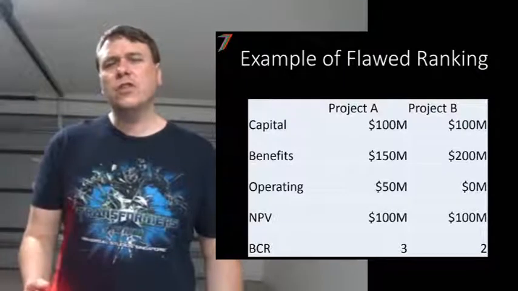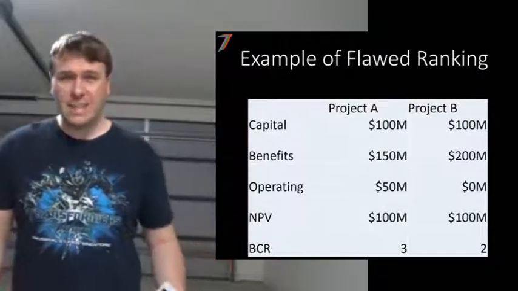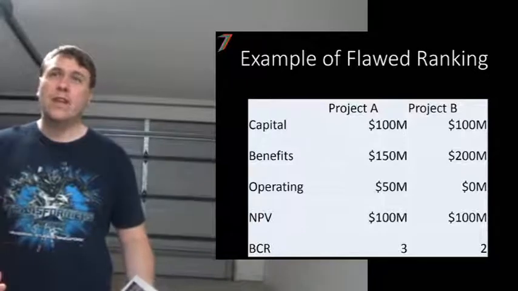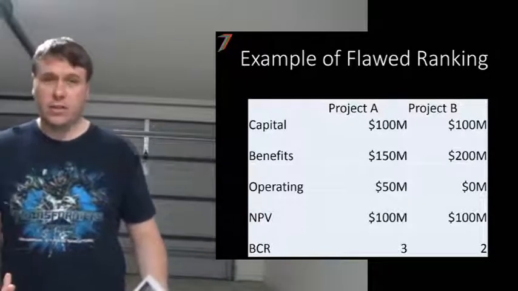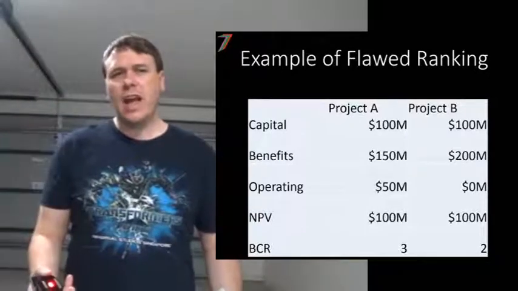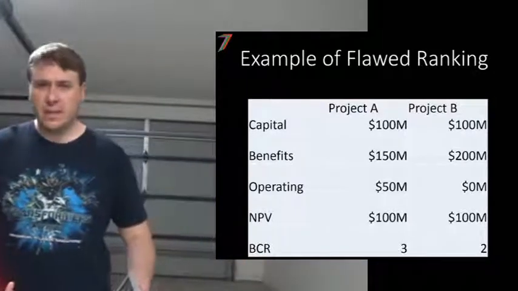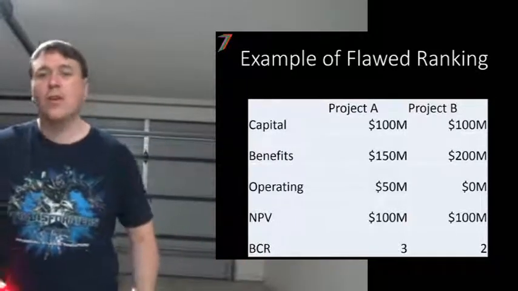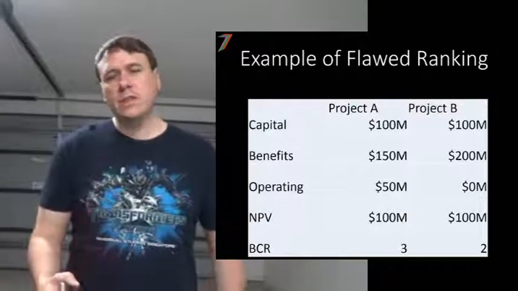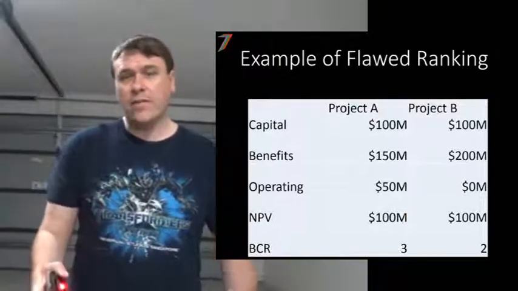But the project with the 200 million worth of benefits has no improvement or reduction in operating costs, whereas the other project has a 50 million reduction in operating costs. So in a sense, your benefits plus your savings in operating costs actually equals the same as the other project's all-out benefits, if you know what I mean?